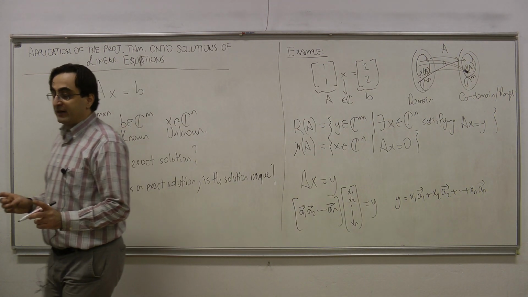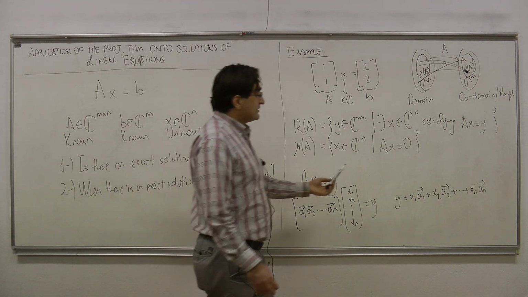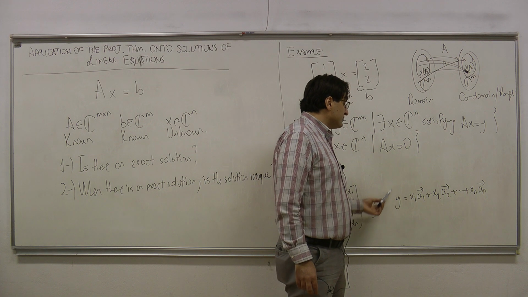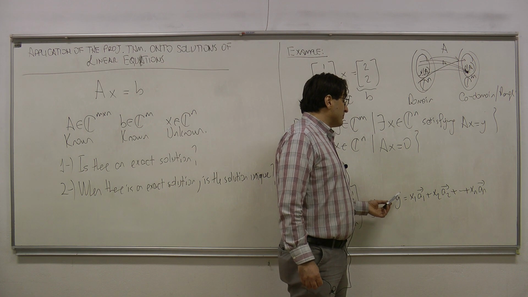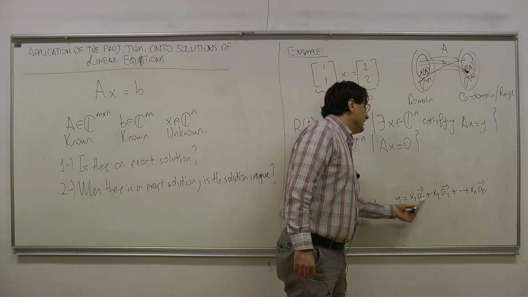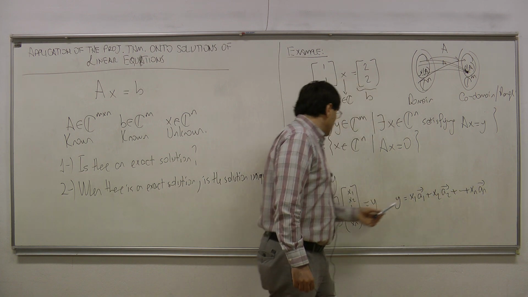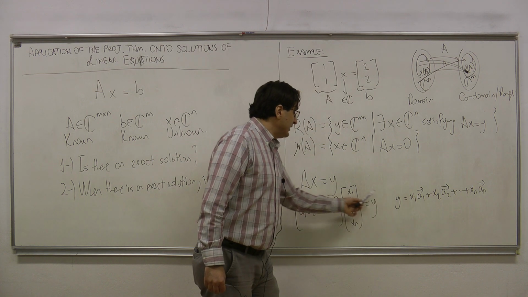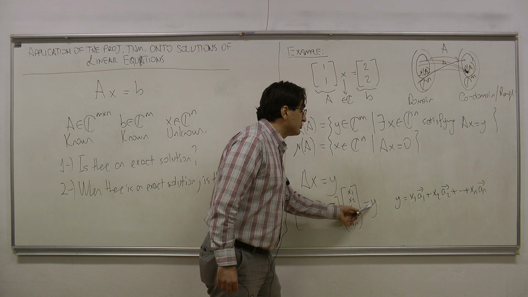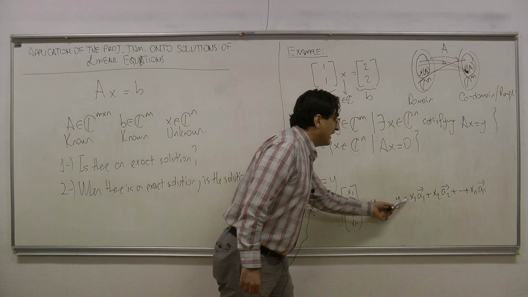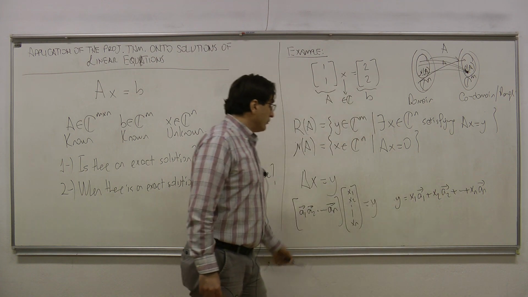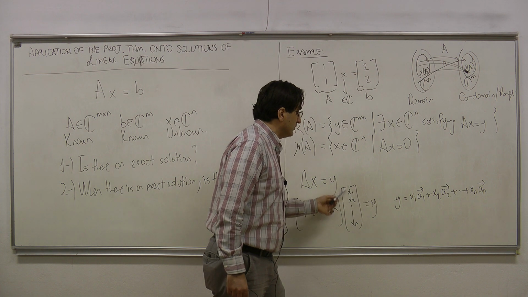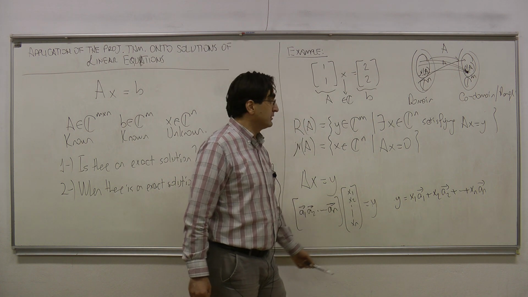So for a vector y to be inside the range space, we need to be able to write it as a linear combination of the columns of A, where the coefficients are nothing but the elements of the x vector here.